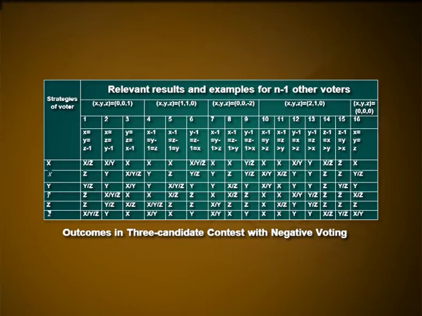We say that z bar dominates x and y as well as all other strategies for a voter with preference scale x minus y, z. The preference scale x minus y, z of a voter says that he is indifferent between 2 candidates x and y, but definitely prefers them to the third candidate z. In such a situation, it is always rational for a voter to cast a negative vote against Z rather than a positive vote for either of the two candidates X and Y that he prefers.